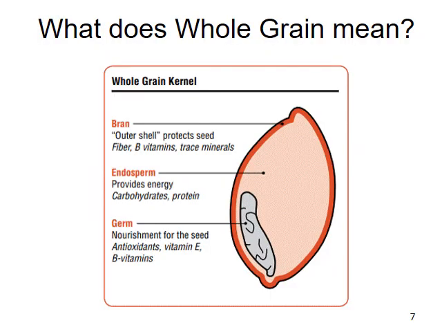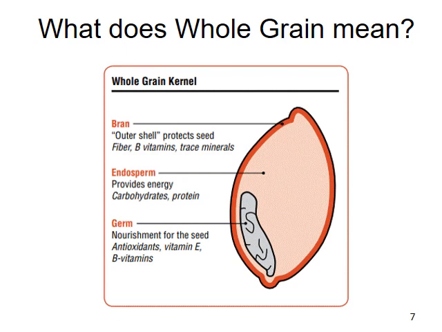To understand what the term means, it's important to understand the anatomy of a grain kernel. As shown on this slide, a whole grain kernel has 3 parts: the bran, the germ, and the endosperm. The bran is the outer covering of the kernel that contains fiber, B vitamins, and some minerals.